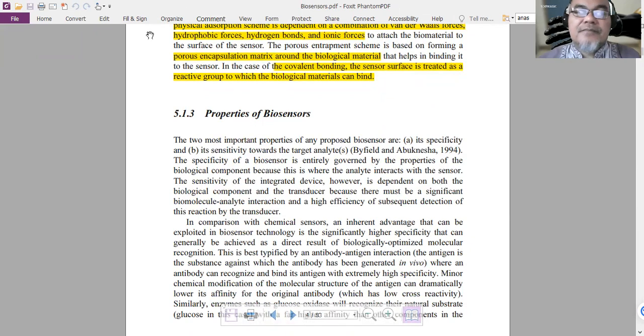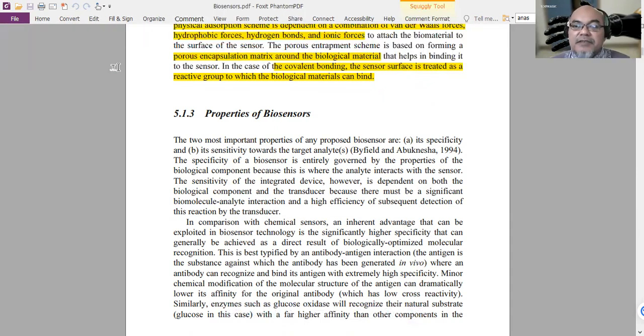Okay, so why do we use biosensors? As I have mentioned previously, the most important properties of a biosensor, since it has this bioelement, are specificity and sensitivity towards the target analyte.